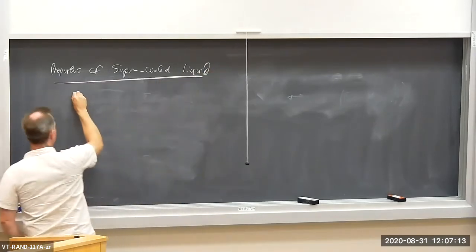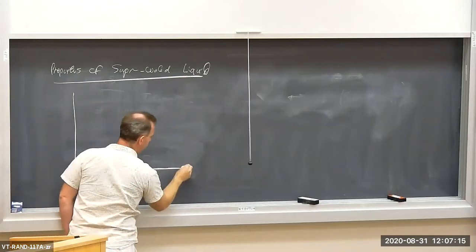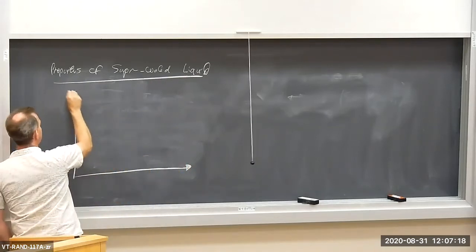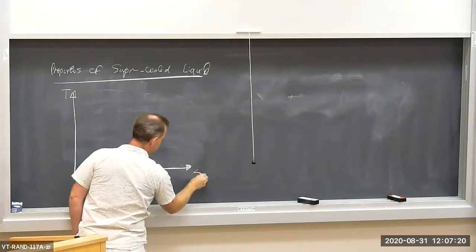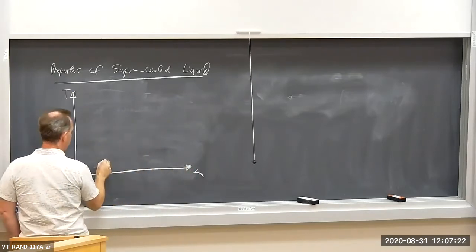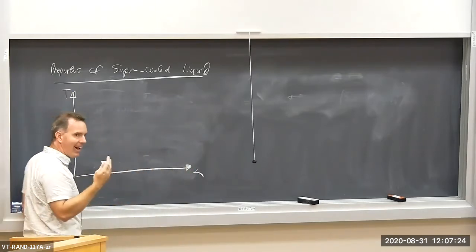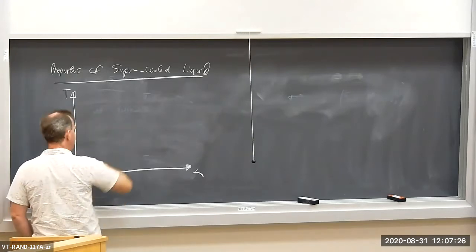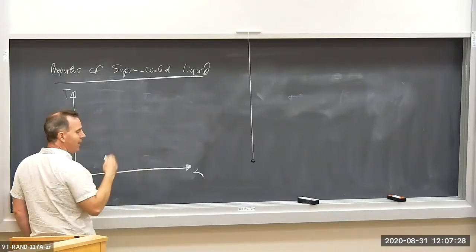Now, let me show you again. Let's put up a TV plot. I could do PV, but I think TV is just fine. So here's our saturation dome. I'm going to be a bit more accurate drawing the saturation dome. I've been a little bit crazy, just making it a hump.